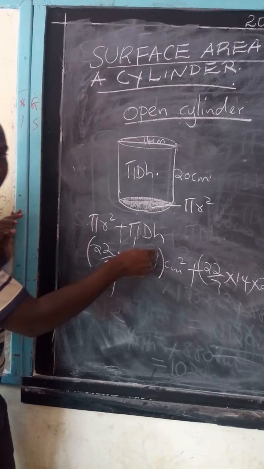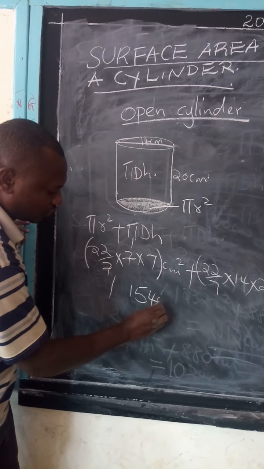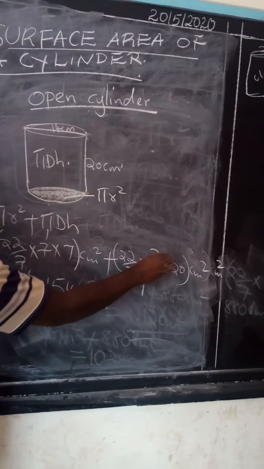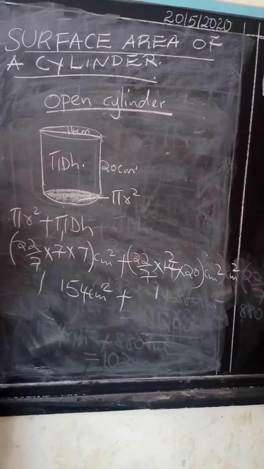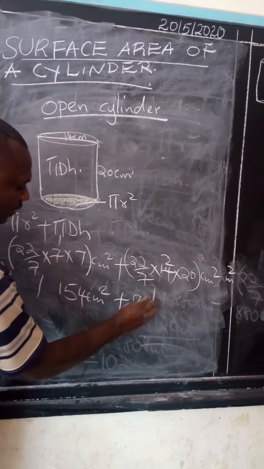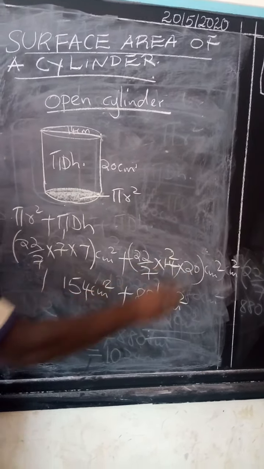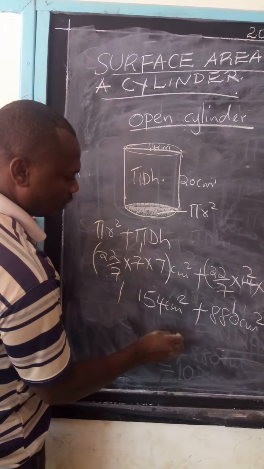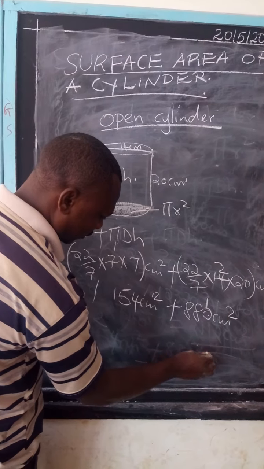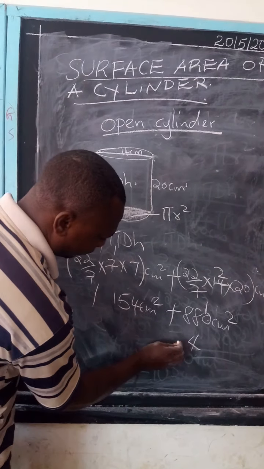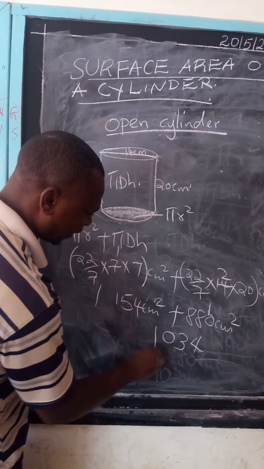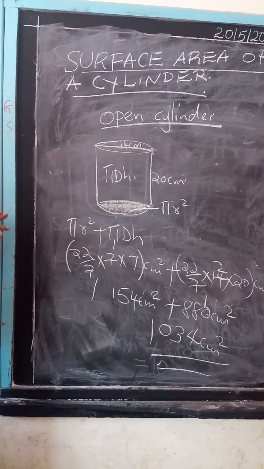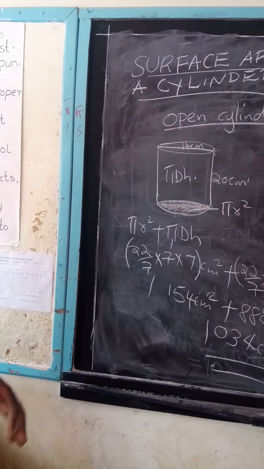So 22 by 7, 154 square centimeters, plus 7 1, 7 2, 22 by 2, 44 by 20, 880 square centimeters. Then we put it together, and we are going to have 1034 square centimeters. That one will give us the surface area of this open cylinder.